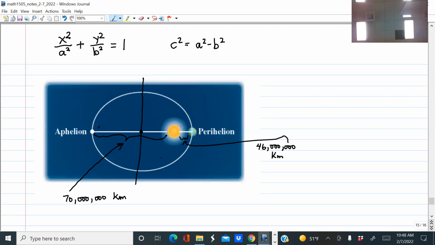And half of that total distance would be this length, correct?